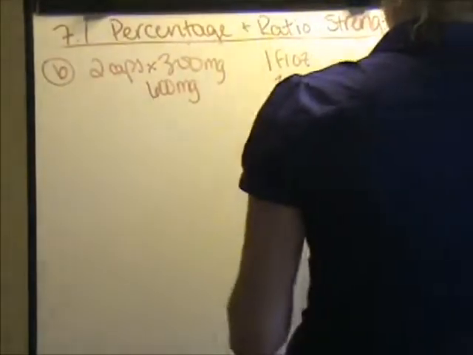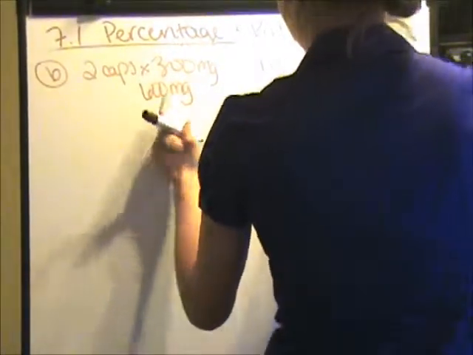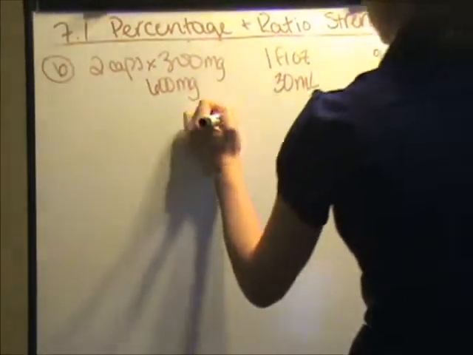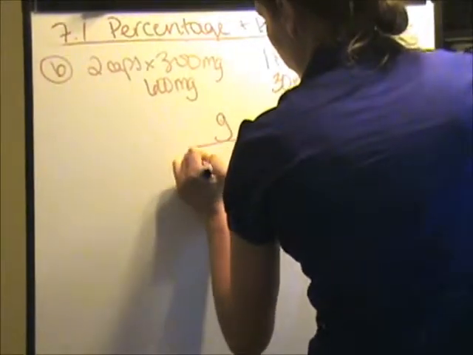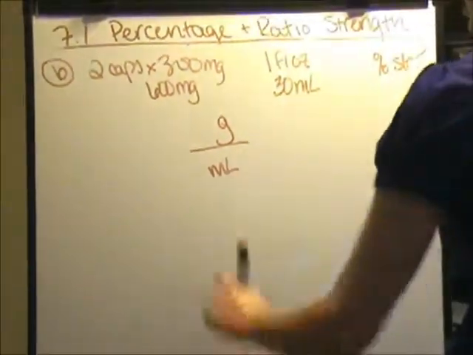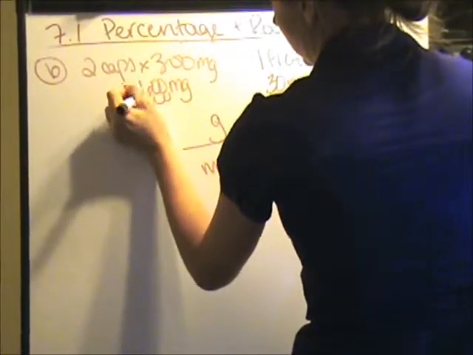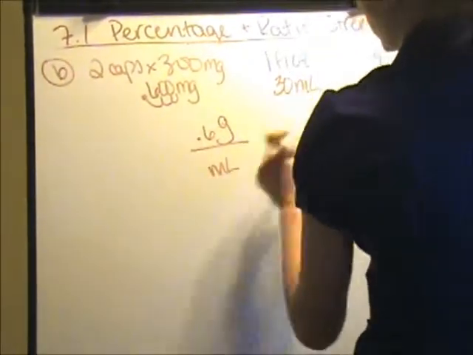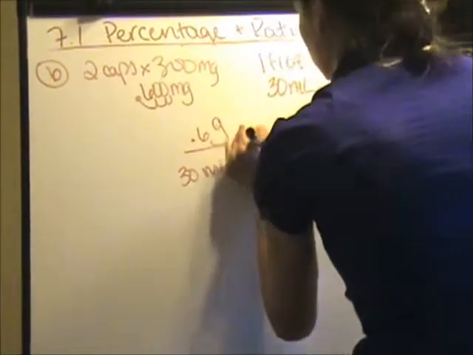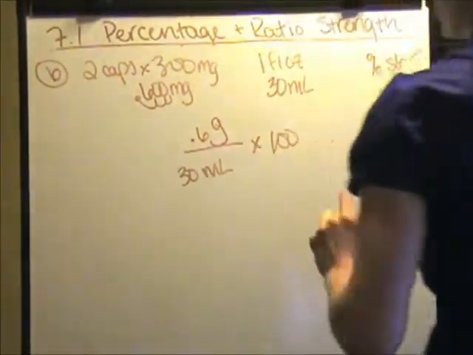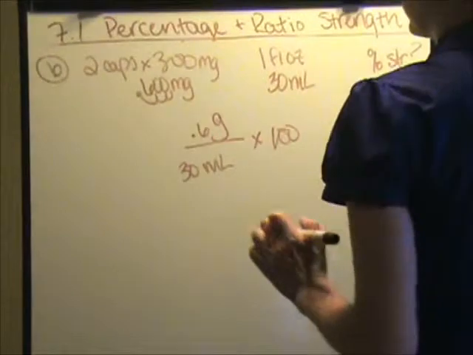Set up our proportion. Remember, we're going to have grams over milliliters. So we're going to need to convert this to grams. 1, 2, and 3. So we're going to be 0.6 grams over 30 ml times 100. Because remember, we're not setting up our proportion like we normally did.